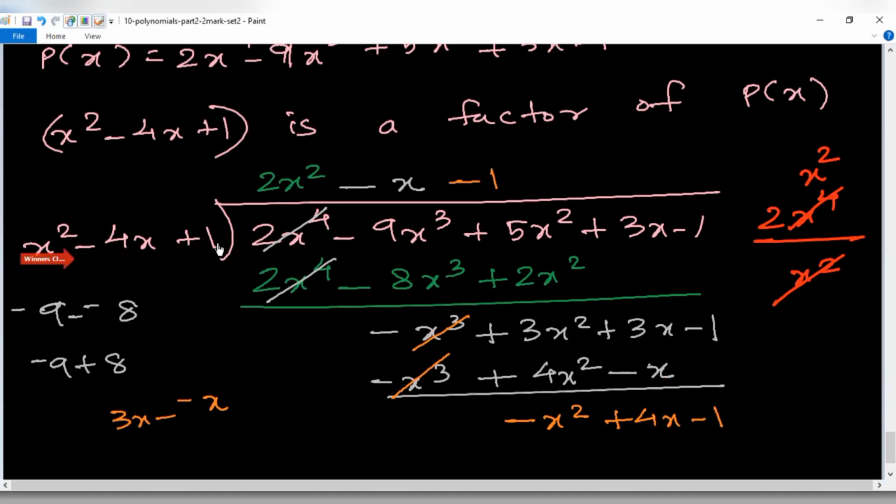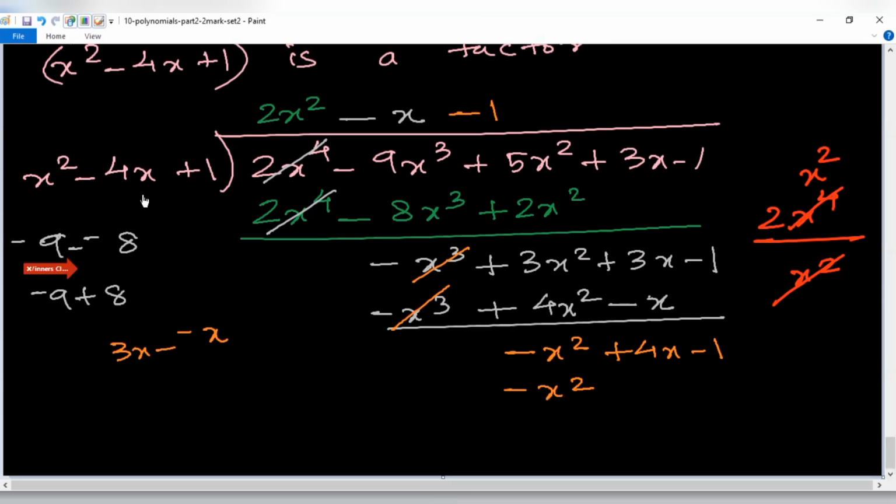When we divide minus x square by x square, we get minus 1. So minus 1 into x square is minus x square, minus 1 into minus 4x is plus 4x, and minus 1 into 1 is minus 1. See, all the terms are alike, so it is 0.